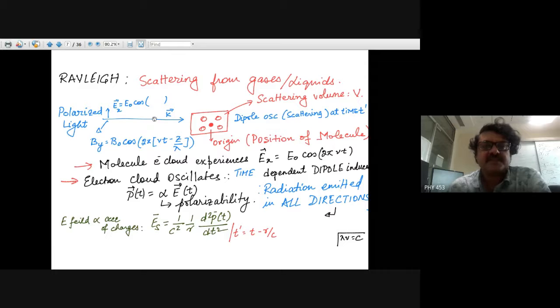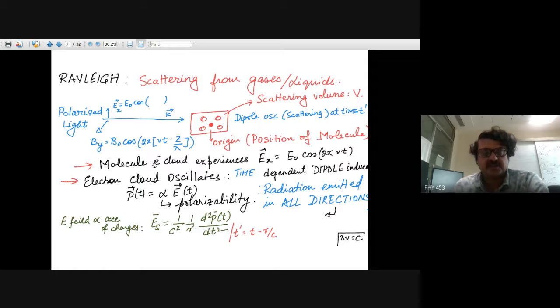Once this electric field hits the molecule, the molecule has an electron cloud, as a consequence of which there is dipole oscillation of the electron cloud within the molecule, which leads to scattering at time t dash, say. So what is the message?